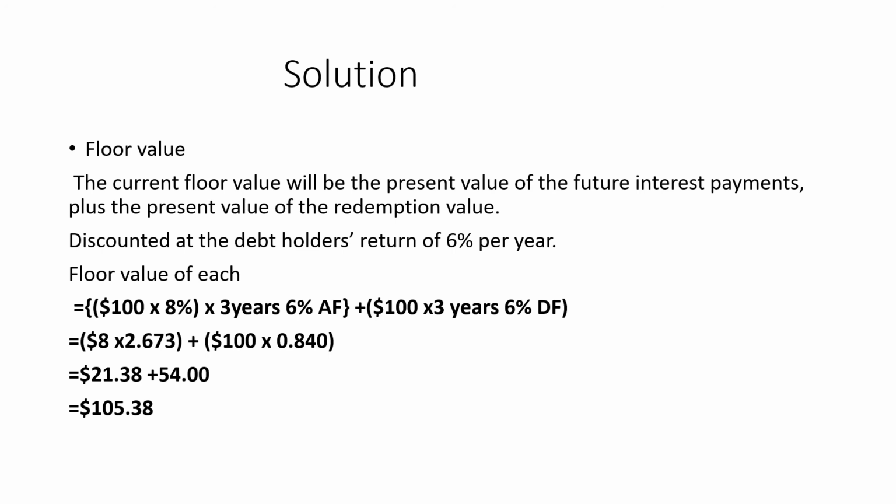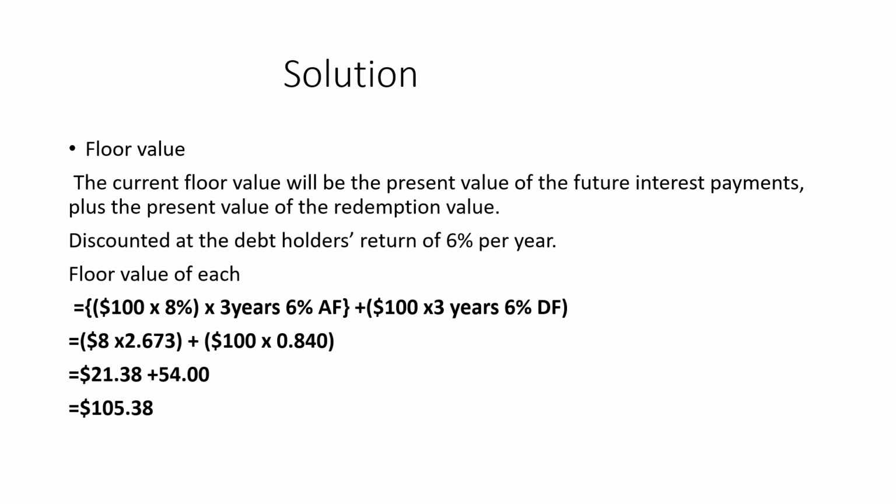So here, what we do is discount at the debt holders' return of 6% per year. The interest is $100 multiplied by 8%, that is $8, and we find the present value for each period. For the first period it will be discounted for 1 year, for the second period for 2 periods, and for the third period for 3 periods.